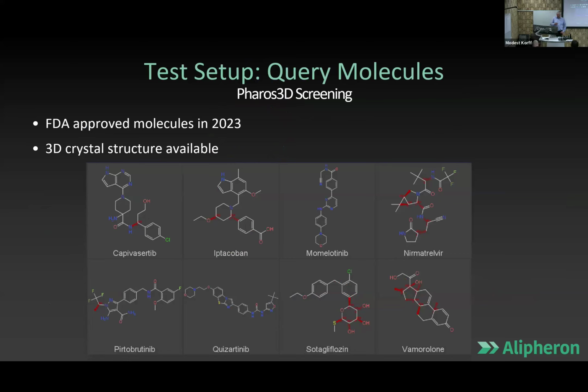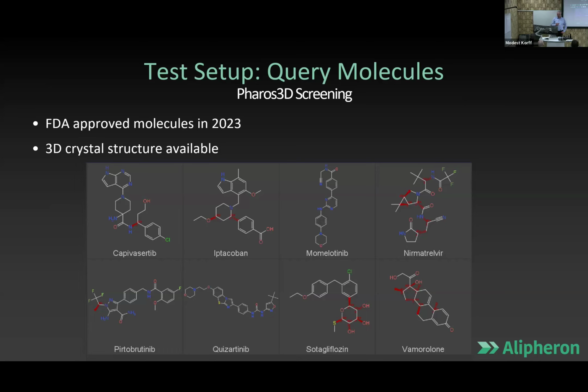Now we are armed with the algorithm for the 3D screening, and of course we want a test setup. A test setup is always good for searching analogs, and drug discovery always takes the most recent drugs.